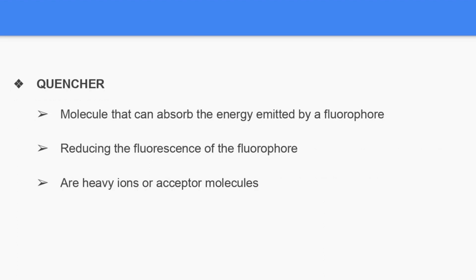A term related to fluorescence is quencher. A quencher is a molecule that can absorb the energy which is emitted by a fluorophore. That is, the emitted light from an excited state can be absorbed by a molecule known as a quencher.